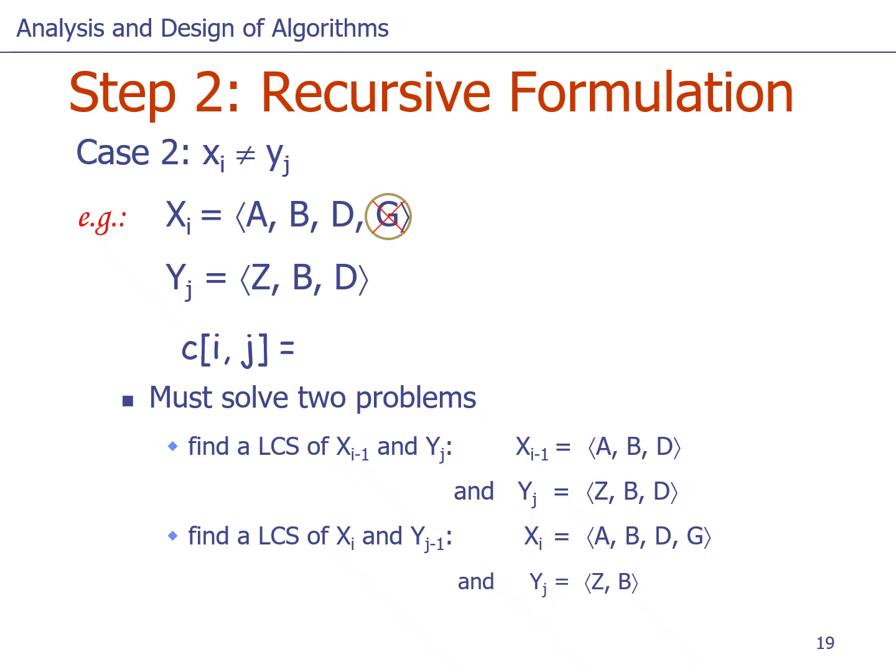Because I could actually have a better solution there in terms of the number of the LCS. So I need to consider both, and the maximum of the two is actually my optimal solution, because I'm trying to get as many matches as possible. Consequently, if the letters don't match, I take the maximum of what appears in the cell left of me and in the cell above me.